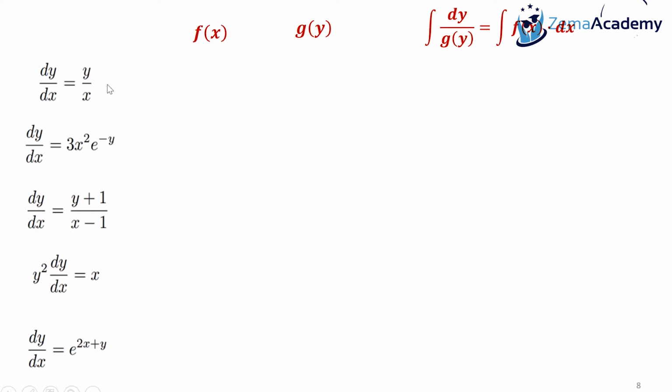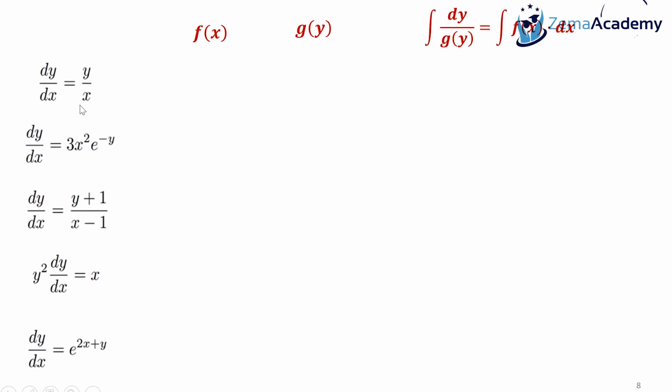Definitely if you look at this equation, the right hand side term is f(x) and g(y). So if you look at the right hand side of the equation, please tell what is f(x) over here.